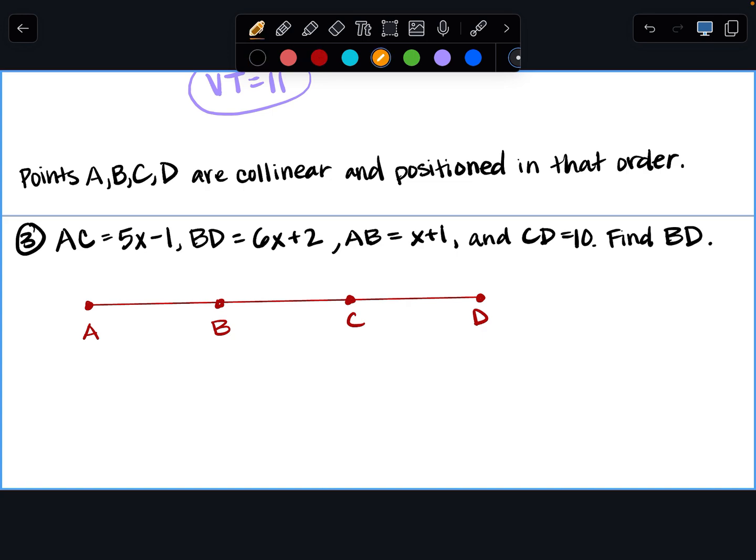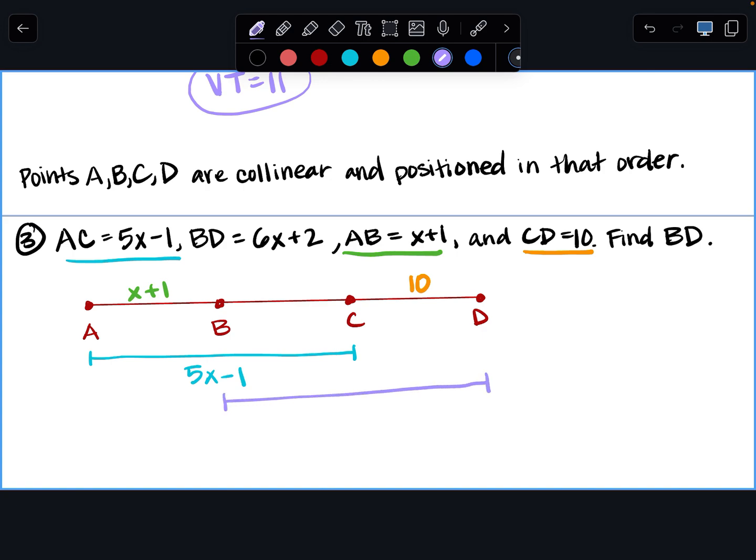So here it says CD is 10, so I can put 10 here. And AB is x plus 1. AC and BD, I'm probably going to have to draw separate lines down here. AC is 5x minus 1. And BD is 6x plus 2.